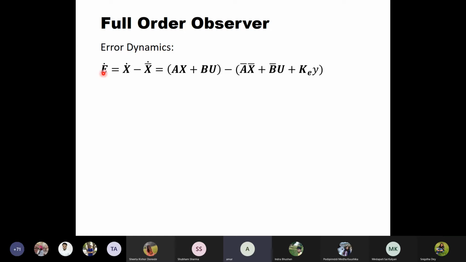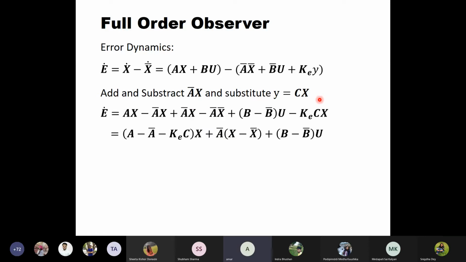We write the error dynamics e dot equals x dot minus x bar dot, which is Ax plus Bu for the x dot component, and minus A bar x bar plus B bar u plus Ke into y, which is the component for the x bar dot. Now I simplify this by adding and subtracting A bar x, and I substitute y equal to Cx.